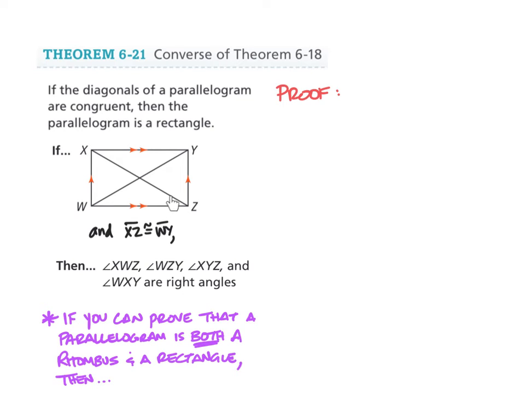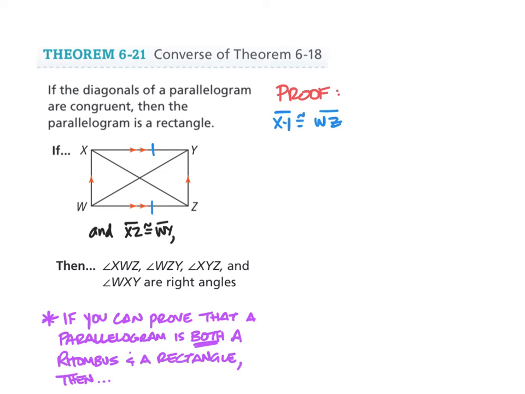Well, let's take a look here. I'm going to look at triangle XYZ and triangle WYZ. I'm going to look at these two triangles. I got a triangle right here, and I got a triangle right here. In those two triangles, I know that XY is congruent to WZ, because if this is a parallelogram, these opposite sides have to be congruent. So segment XY is congruent to segment WZ.